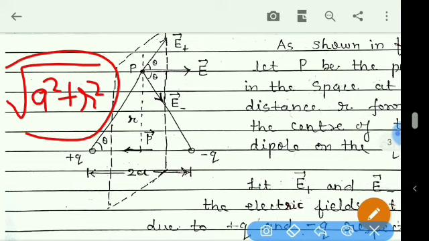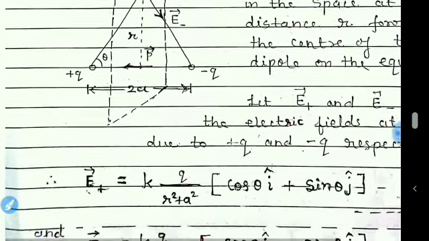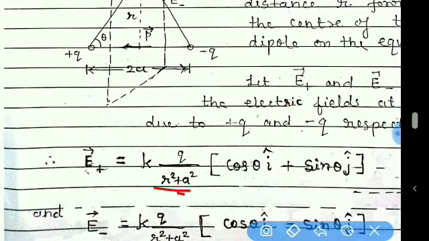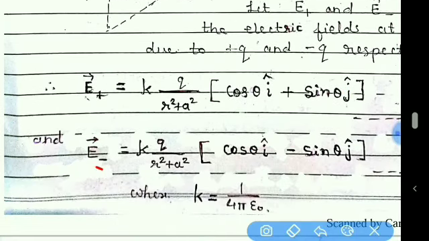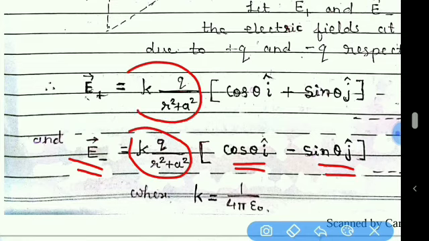So its square will be this, and the components are these two. This will be the x component and this will be the y component. Similarly, electric field due to negative charge, its x component and its y component, these things are same.